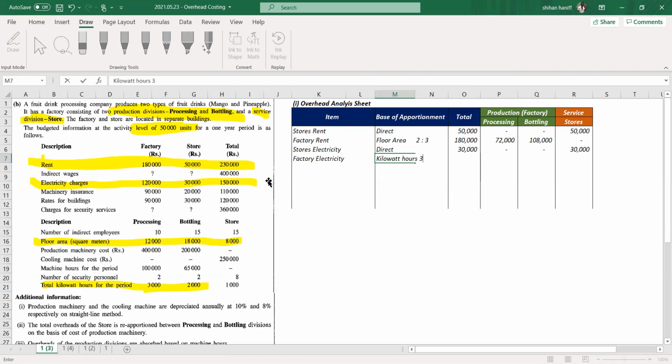So the basis is 3:2. The total electricity amount is 120,000.